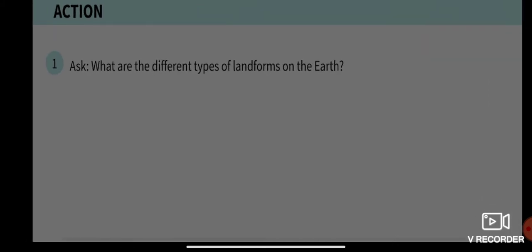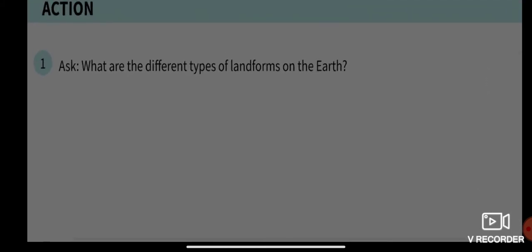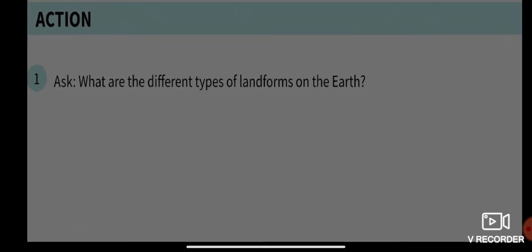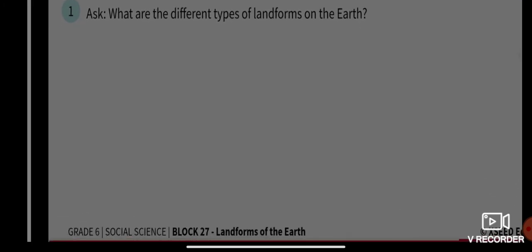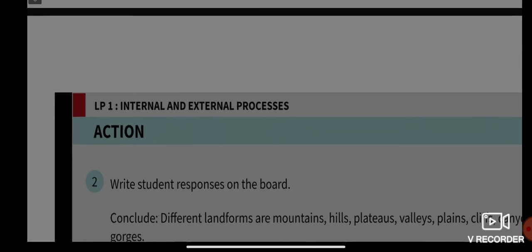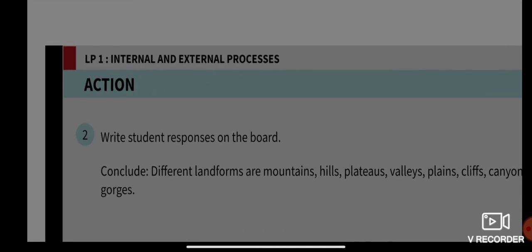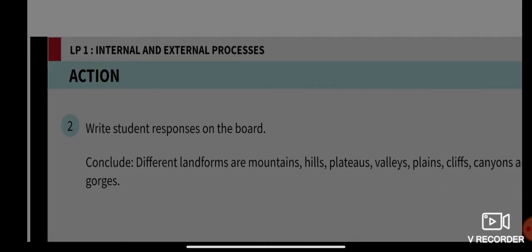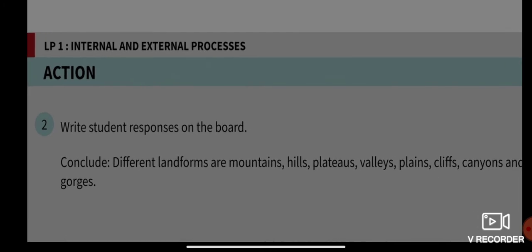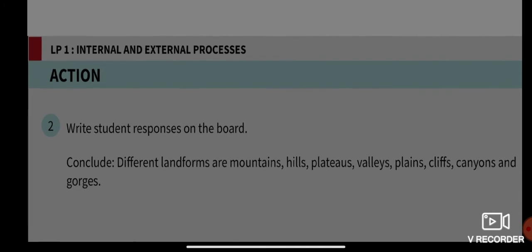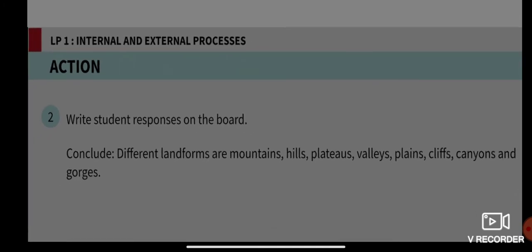Now, what are the different types of landforms on the earth? So what according to you are the different types of landforms on the earth? Okay, so different landforms that we find on earth are mountains, hills, plateaus, valleys, plains, cliffs, canyons, and gorges.